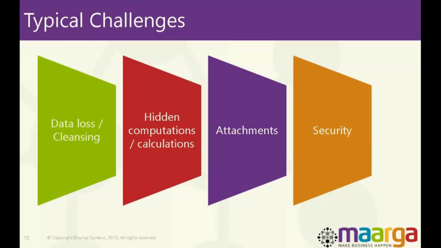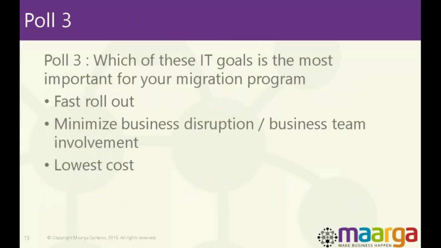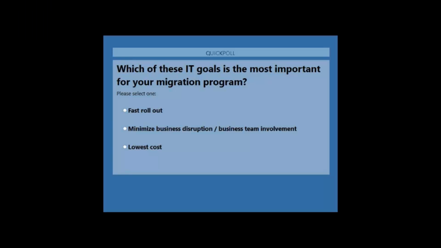So Scott, let's do a quick third poll. Okay, the third and final poll is on your screen. Which of these IT goals is the most important for your migration program? Is it fast rollout? Is it minimizing business disruption and business team involvement? Or is cost the most important goal?